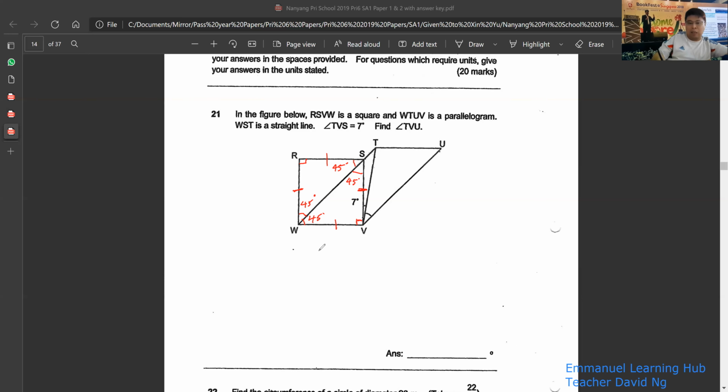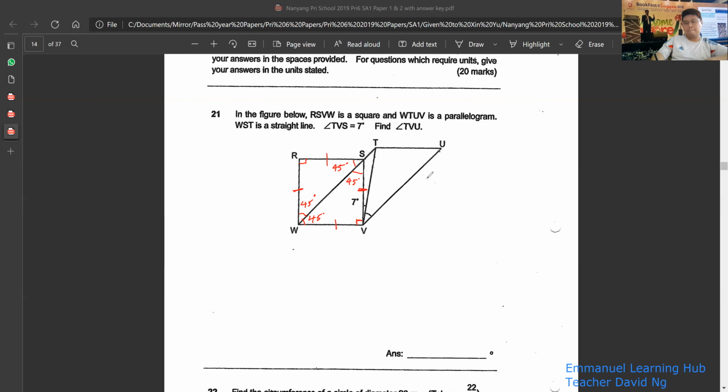Okay, then after that, WTUV is a parallelogram. What does that mean? Geometrically, by telling you it's a parallelogram, what are the information you can gather?